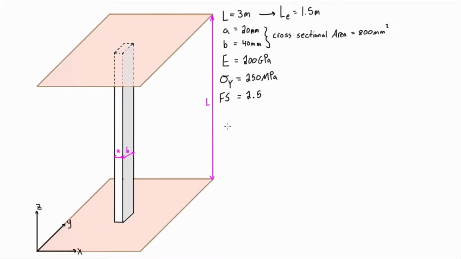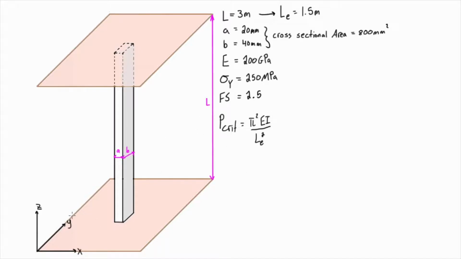Alright, so the formula that we need to use, just like the last couple of videos, is P critical equal to pi squared EI over L effective squared, the effective length squared. In this case, we do need to identify the moment of inertia that we're going to be using in each direction.